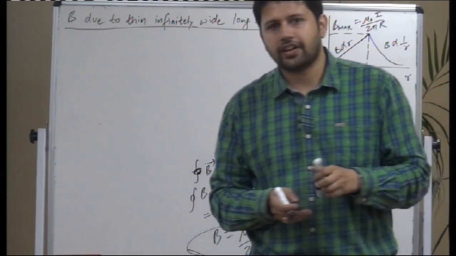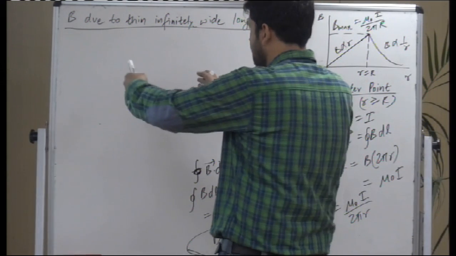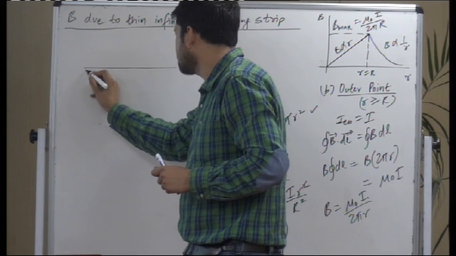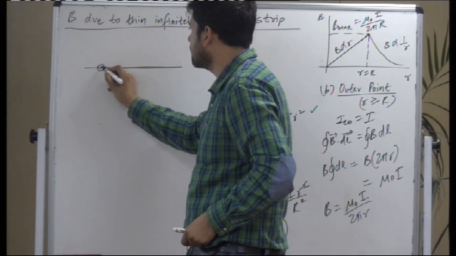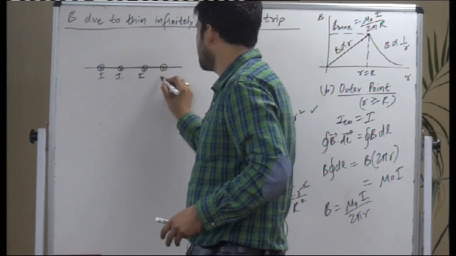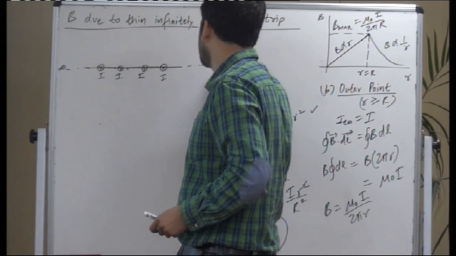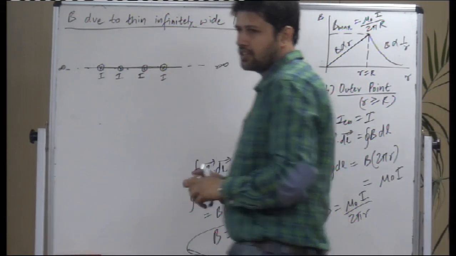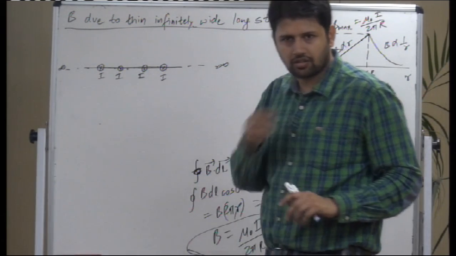We have this strip, it is carrying current inward, I current is going inward through every point. Here it is extended till infinity. So what is happening? An infinite sheet is entering through the board. The width is infinite and the length is also infinite.